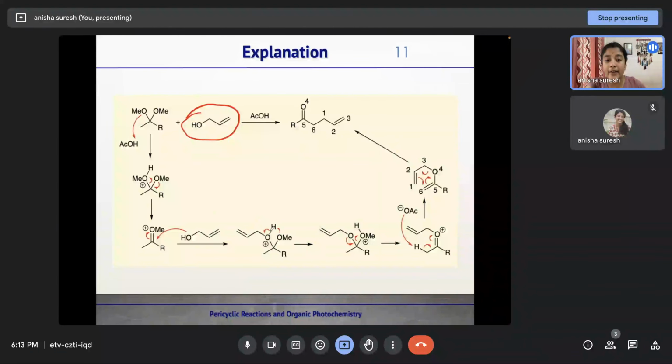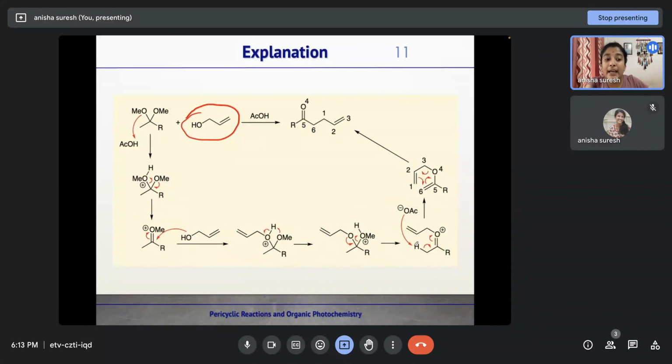And now we have a hydrogen atom on this allylic alcohol that will be abstracted by this oxygen's lone pairs, and we will get this intermediate. Once the lone pair on this oxygen falls down, elimination of methanol will take place. So we get this intermediate. Now a counteranion of acetic acid will be present in the medium.